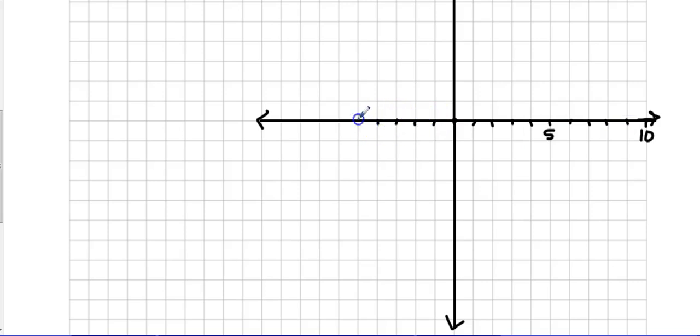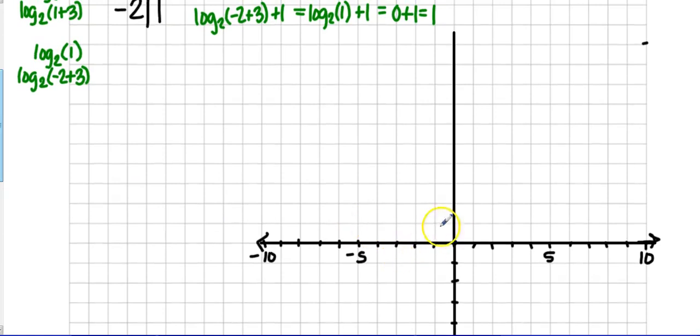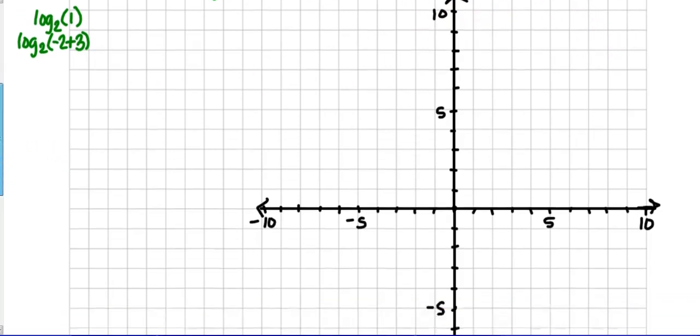So take a second, let's get our graph going. Alright, we have our 10 by 10.